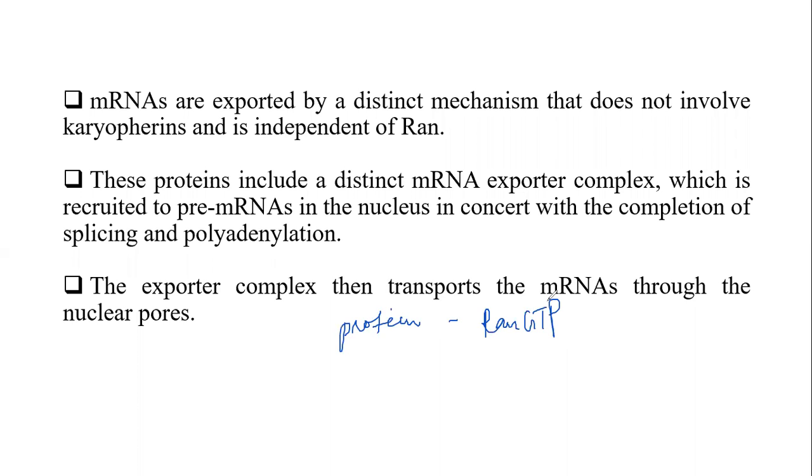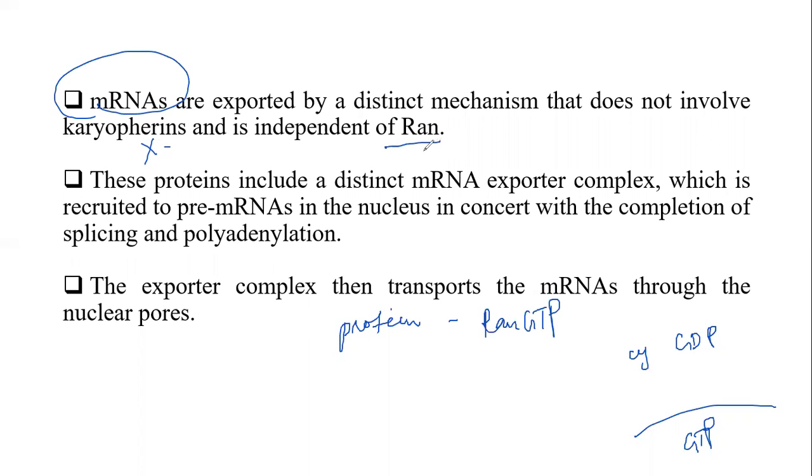If it is in the nucleus, it is GTP; in the cytoplasm, it was GDP, and that's how we saw the export and import of the proteins. But in the case of mRNAs, we don't need any importins or exportins, and it is also independent of RAN GTP.